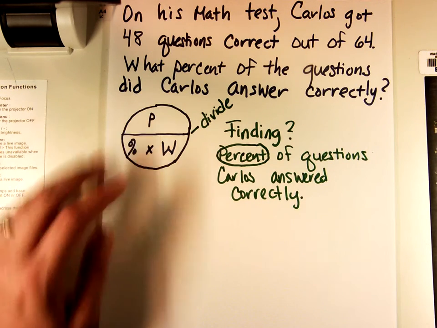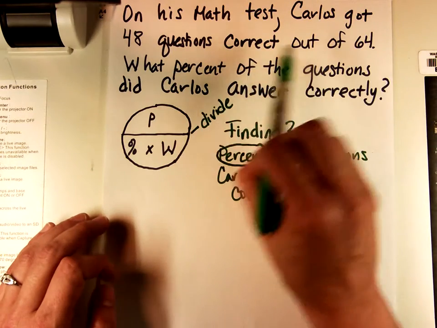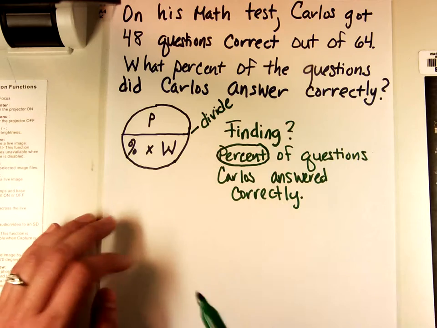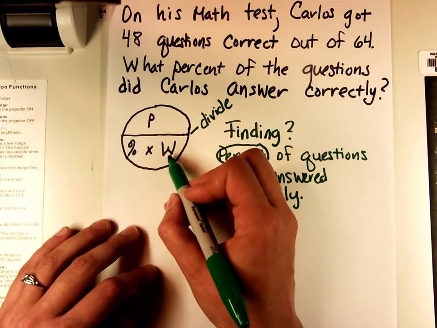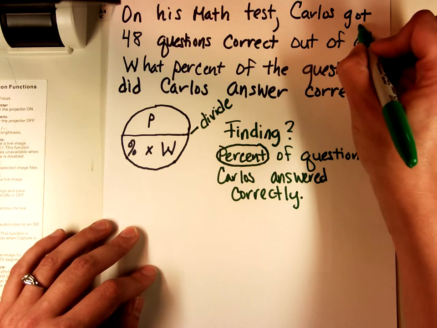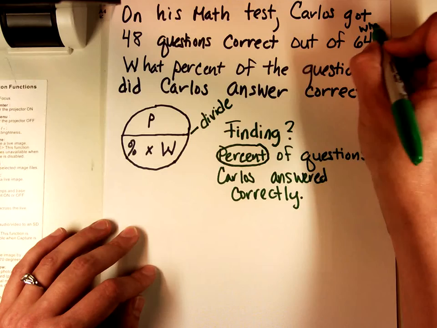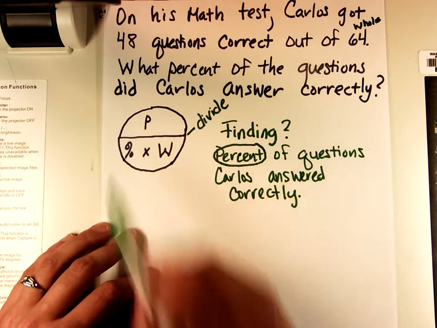On his test, Carlos got 48 questions correct out of 64. Well, if there are 64 questions altogether, that tells me that's the whole thing. The entire test was 64. So I'm going to label that whole. And then I know I'm looking for the percent.